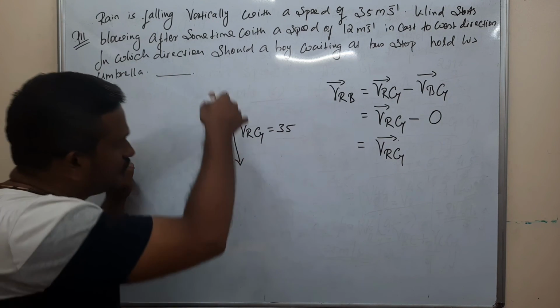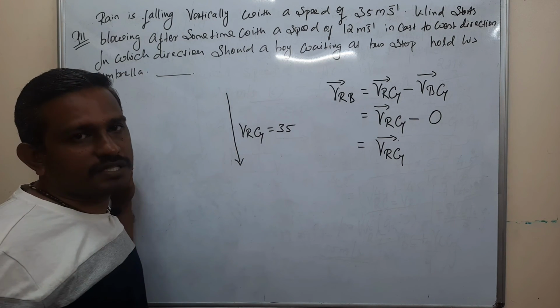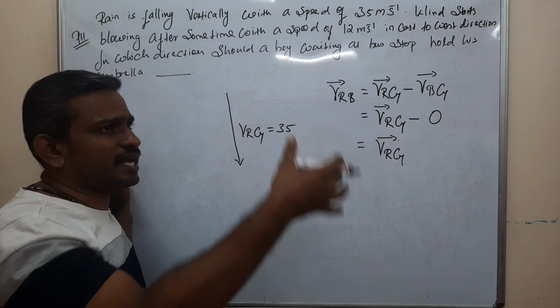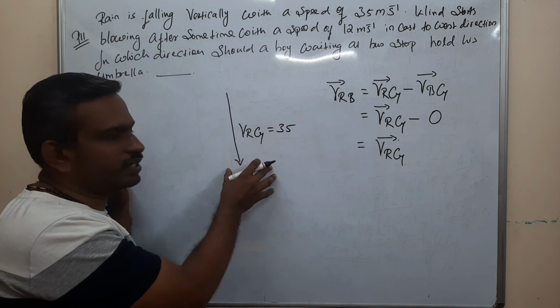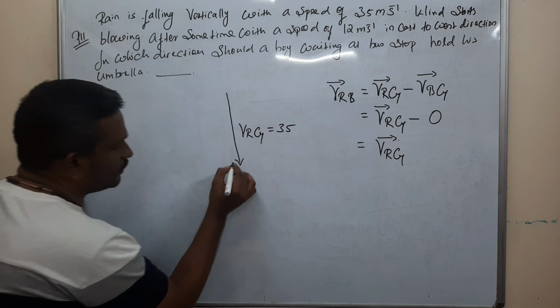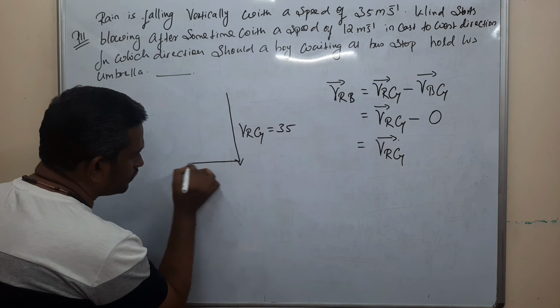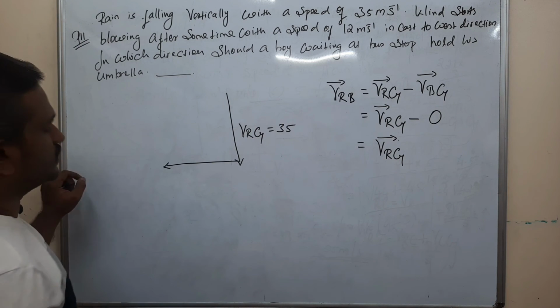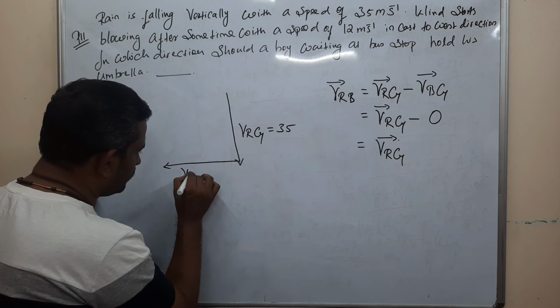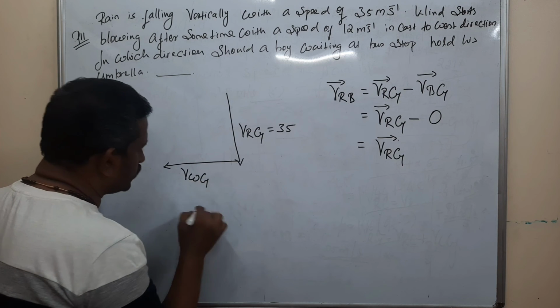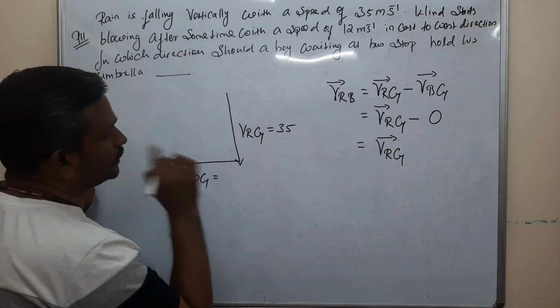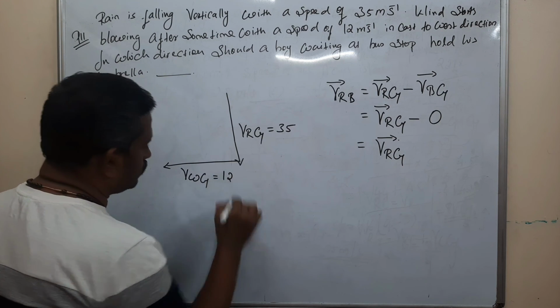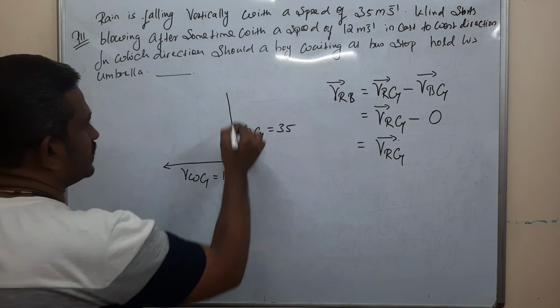Without wind, this is the direction of the velocity of the rain as seen by the boy. Now the wind starts flowing from east to west direction. This is the velocity of the wind with respect to the ground, that is 12 meter per second. So what is the resultant of the rain?